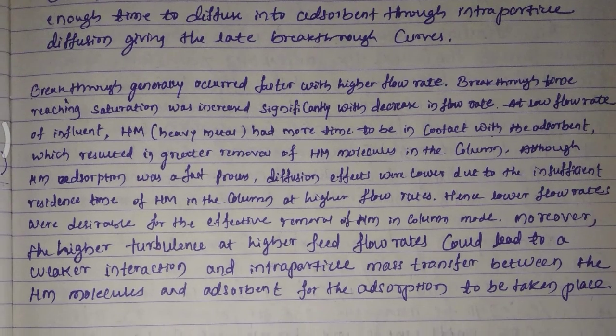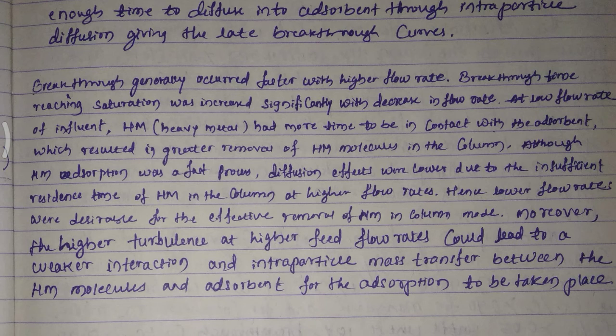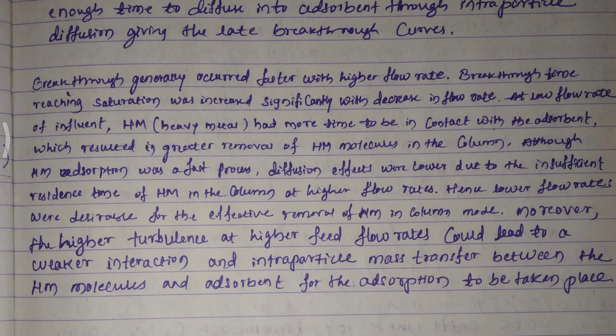Breakthrough curve generally occurred faster with higher flow rate. Breakthrough time reaching saturation was increased significantly with decrease in flow rate. At low flow rate of influent, heavy metals had more time to be in contact with the adsorbent, which resulted in greater removal of heavy metal molecules in the column.